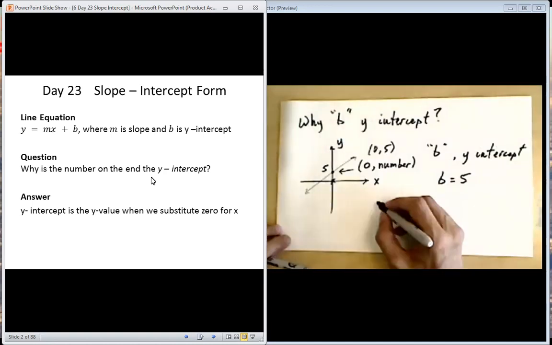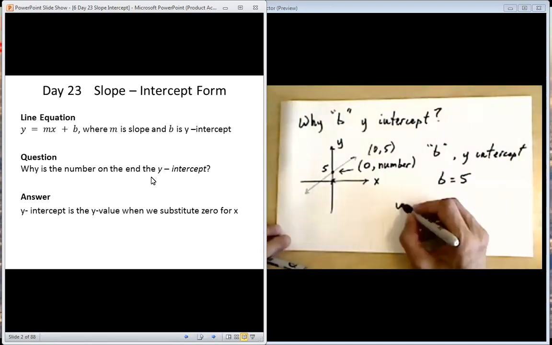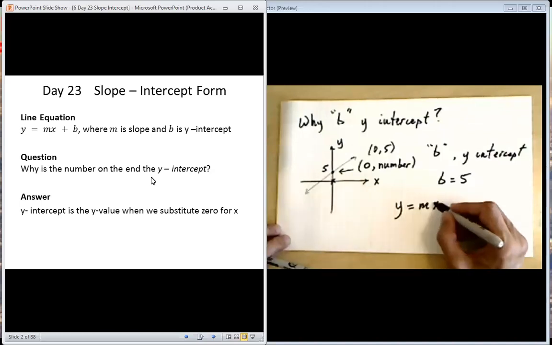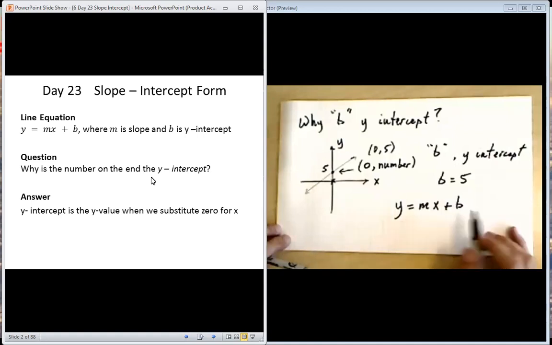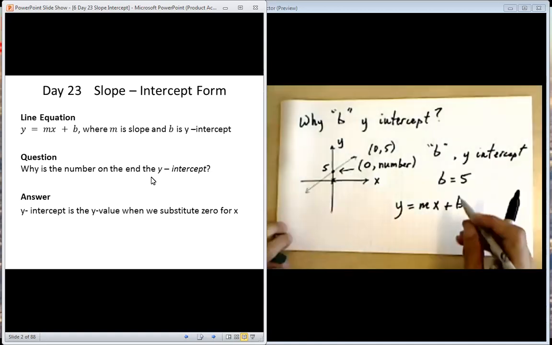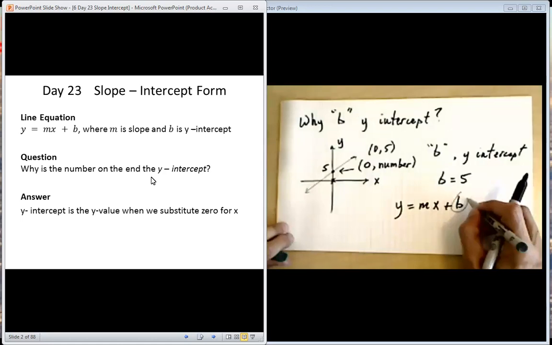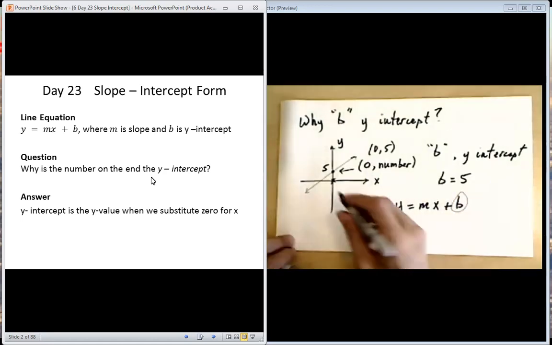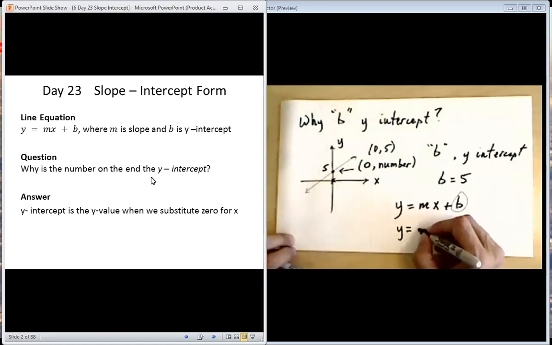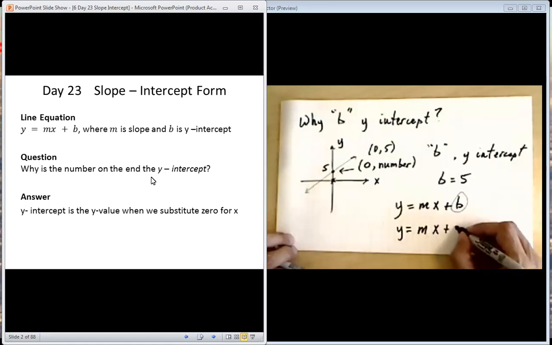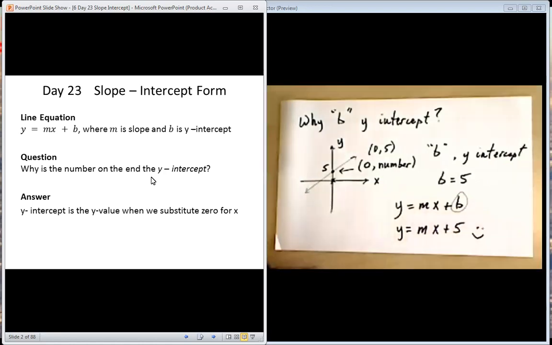So this means, remember, for our equation, we're looking for two numbers. We're looking for the slope m and the y-intercept b. We got b when we do this one. What we can do for this line is say y is equal to, we don't know the slope yet, so it stays as m. But we do know the y-intercept, so instead of b, we can put the number 5. That's as close as we can get there.